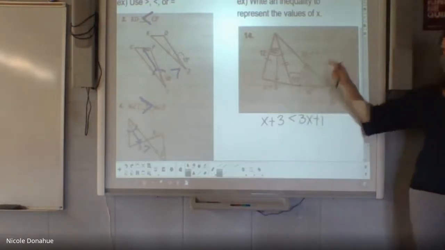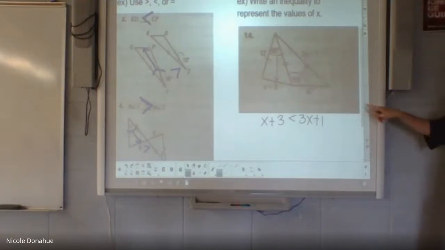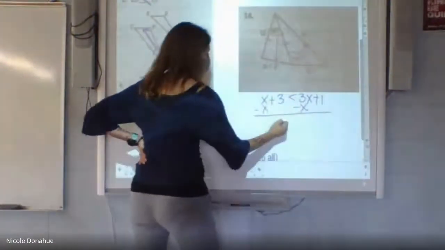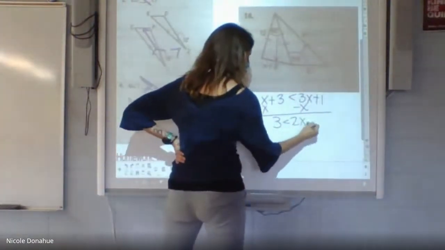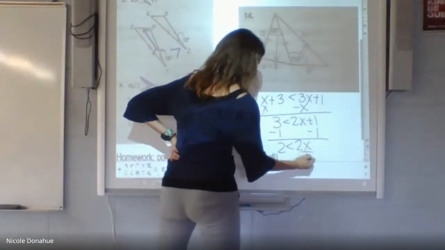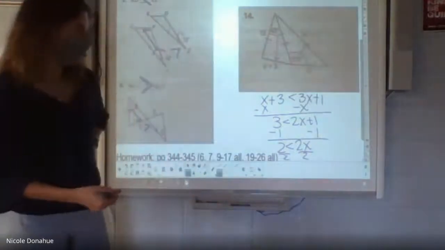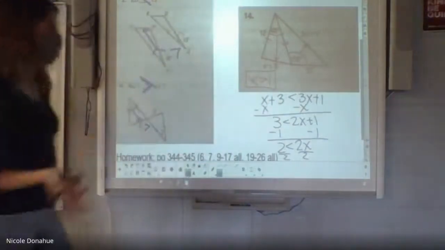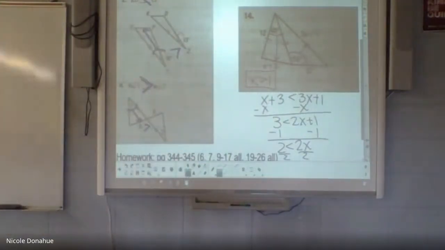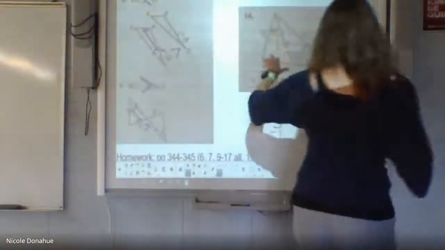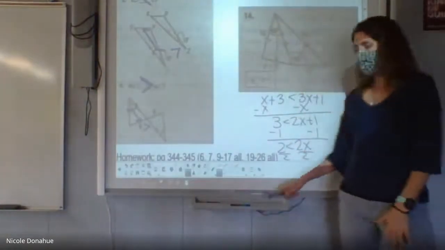Because the 115 tells us 3x plus 1 should be greater than x plus 3 because of those angles. So x would have to be greater than 1, right? So anything greater than 1 would make sense in this problem. So 1 wouldn't work. If I put 1 in here, this would be 4, and this would be 4. That would mean they would be equal, so it's got to be bigger than 1.